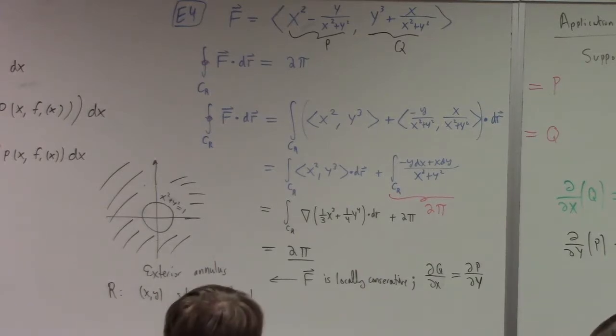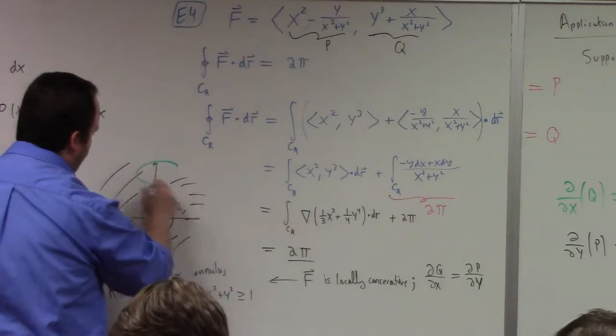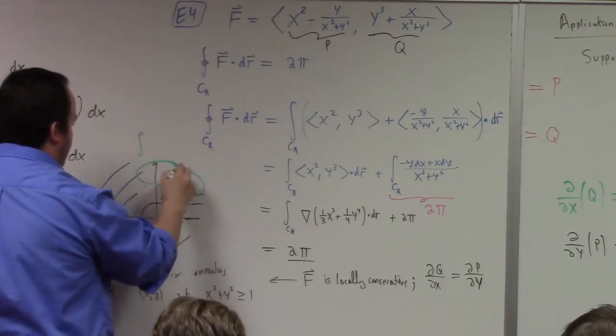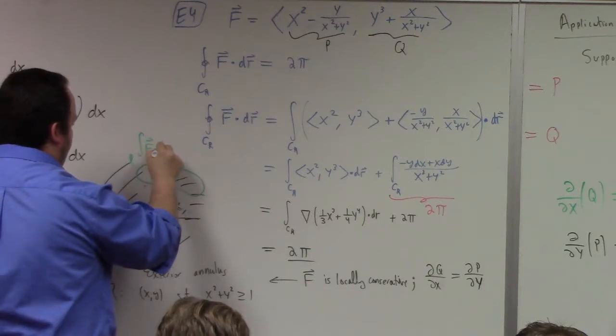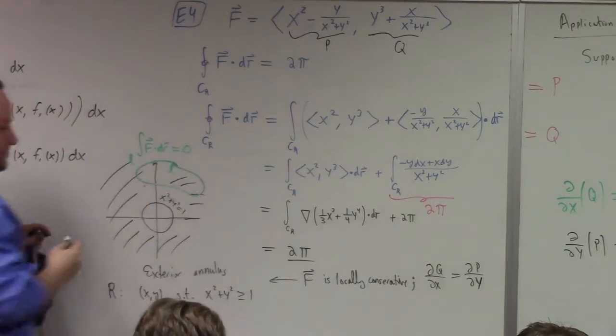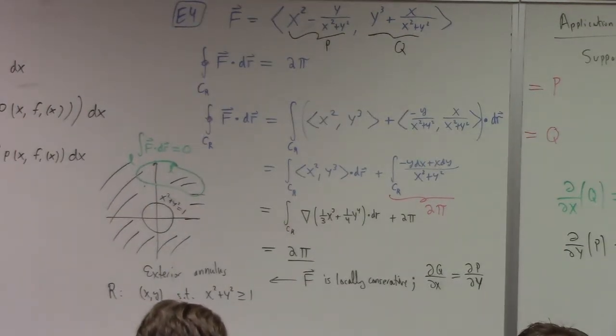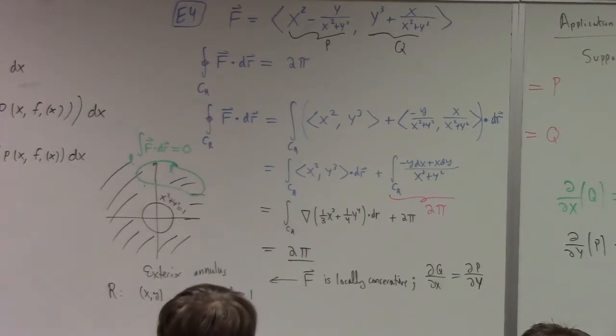If, on the other hand, you had a loop like this here, then the integral, let's say L, the integral over L of F dot dr would be 0 out there. Because of Green's theorem.